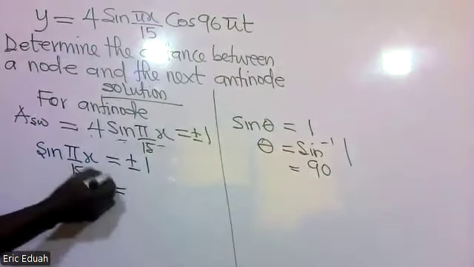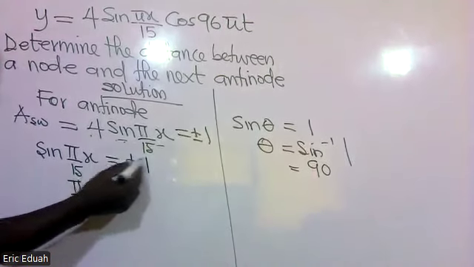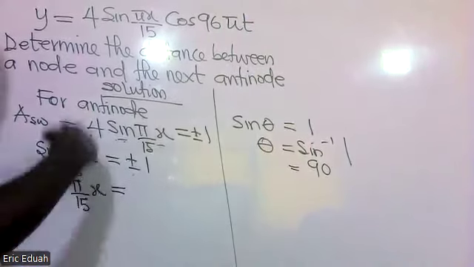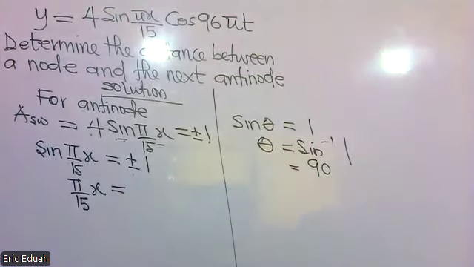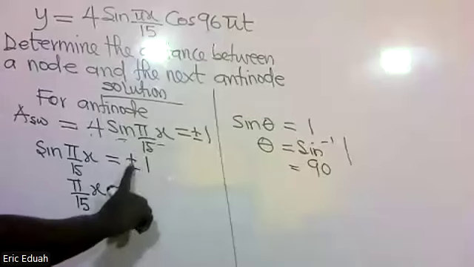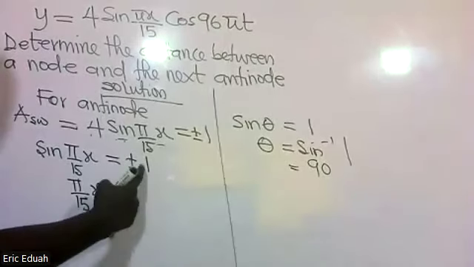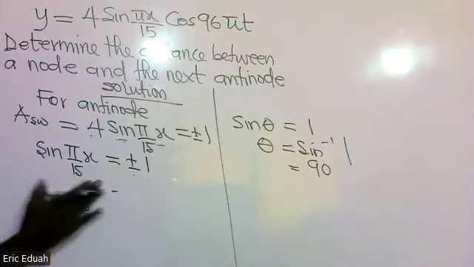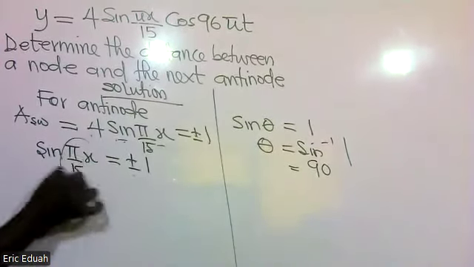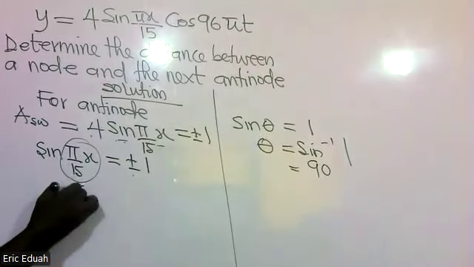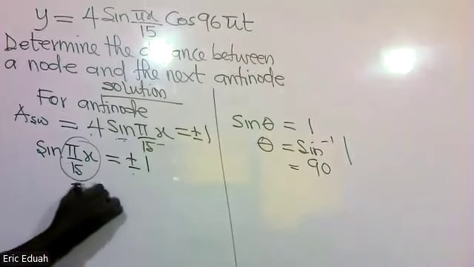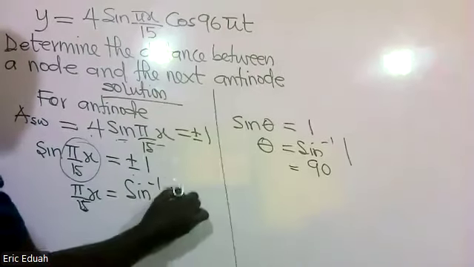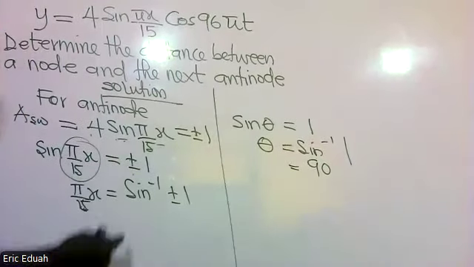But over here, different angles will give us plus or minus 1, so we look for the different angles. Because we don't have just a value plus 1 or minus 1, it's plus or minus 1. So this is also similar to determining this angle: pi on 15 x is equal to sine inverse of plus or minus 1. But different angles will give you this.